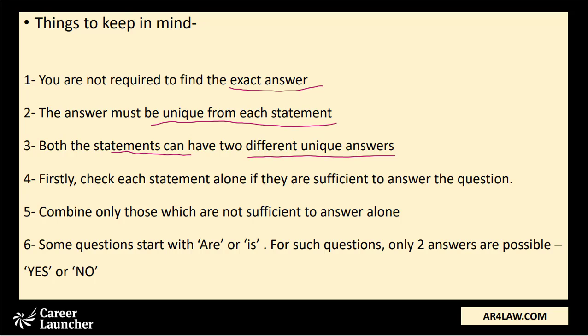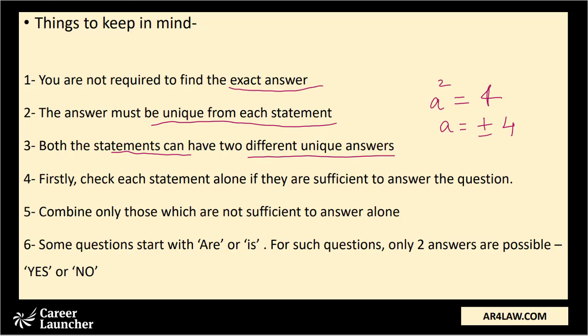The only thing is that we are not looking for ambiguity. For example, let's say there's a problem which says that a square is equal to 4. Now when we find out the value of a, it would be plus or minus 2. So can we take this as a unique answer?